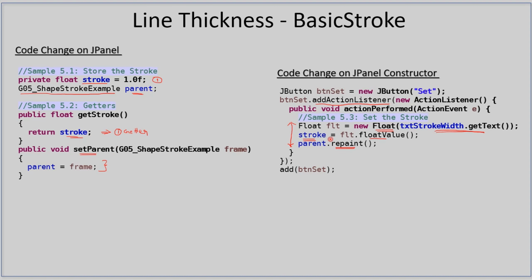Since we have the frame window in the button click handler, we ask to repaint the frame window. That means the paint method override of the frame window will get called. Inside that paint method, we will perform the actual drawing. So that's all the code change required for JPanel.